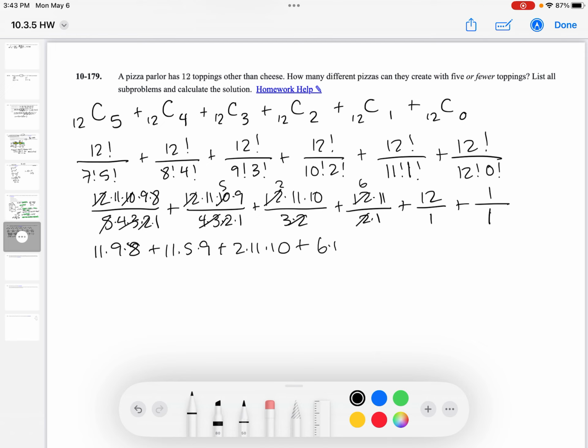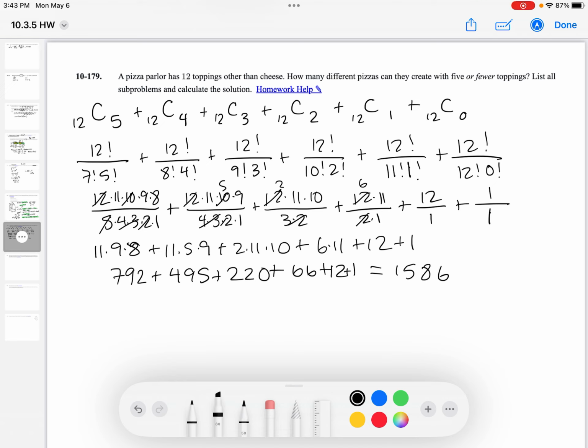So 6 times 11. Here I just have 12, and there I have 1. Okay, so I put these in my calculator. I get 792 plus 495 plus 220 plus 66 plus 12, plus 1. Add those all together, I get 1,586.